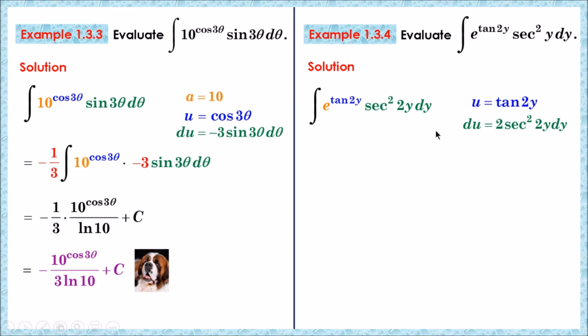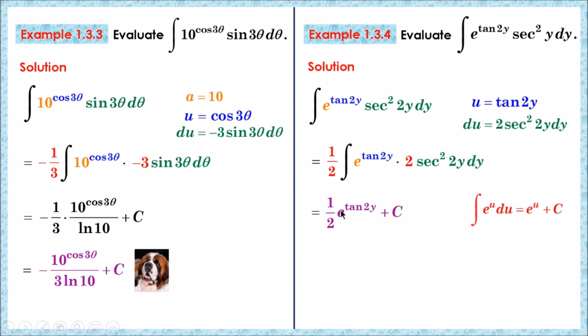But this secant squared 2y dy is not exactly the du. So there is a missing constant factor 2. Let's correct the differential by multiplying by 2, balancing outside by 1/2. So this is now equal to the integral of e to the u du times 1/2. We have 1/2 e to the u plus c.